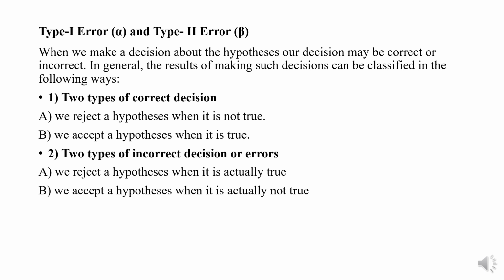So we will understand it with the help of a table as well. This is reject H naught, and the second one is accept H naught.